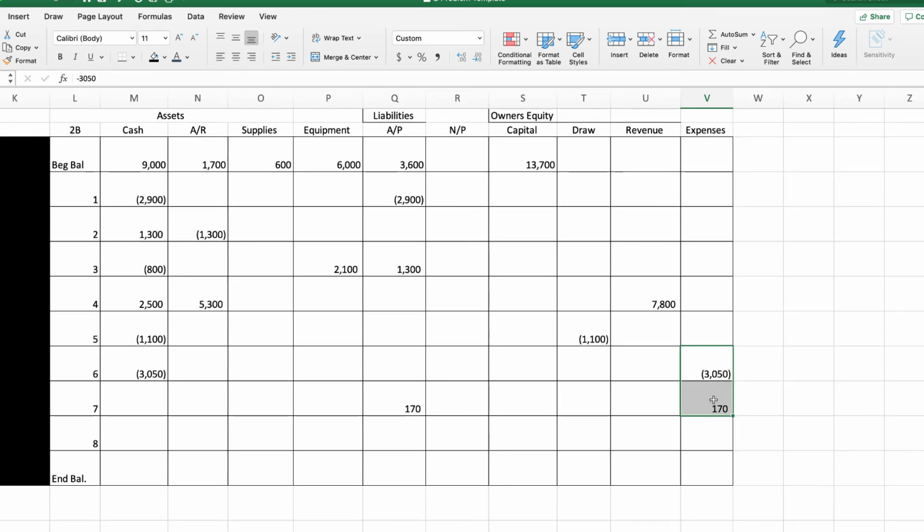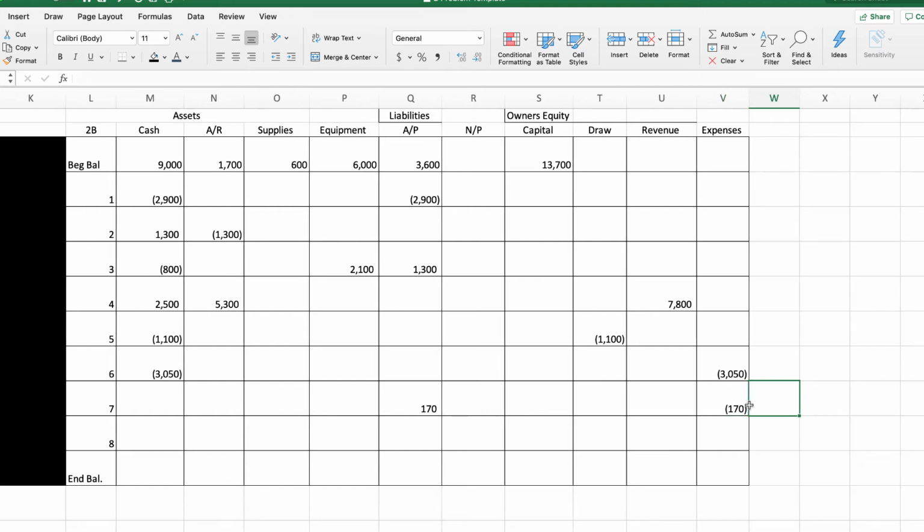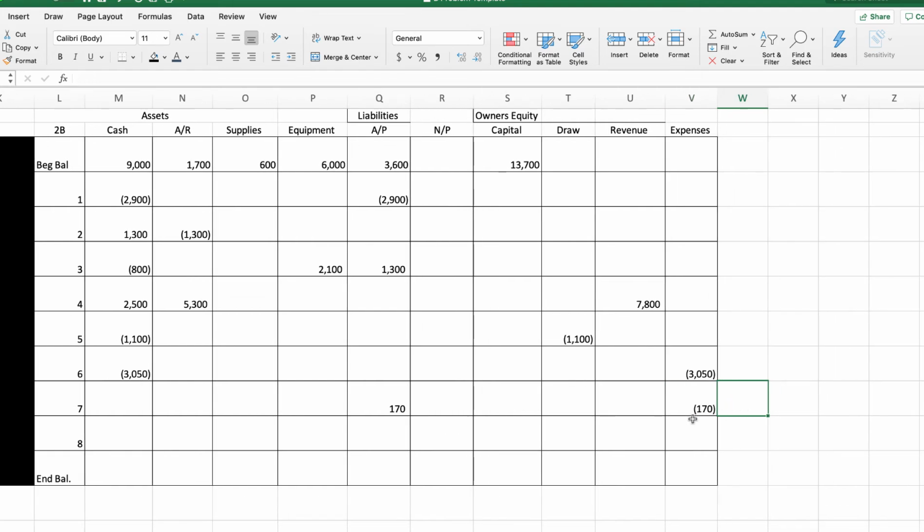The difference between these two is $28.80. That is not my true expenses, right? My true expenses are $3,220. Okay? So, I'm going to leave it negative, okay, because I need to add my expenses.